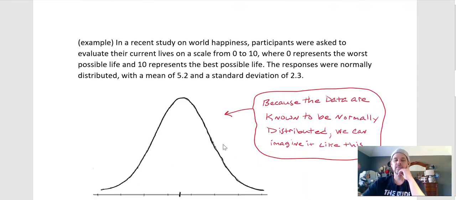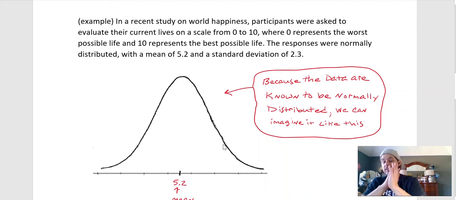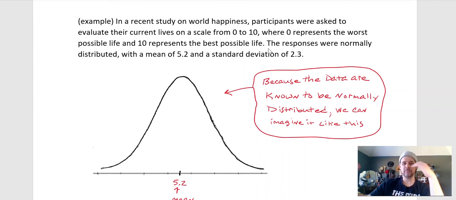Okay, so here's what I think is a real good example of a normal distribution. Suppose there's a recent study on world happiness, and participants were asked to evaluate their current lives on a scale from 0 to 10, where 0 represents the worst possible life that a person could be living, and 10 represents the best possible life, I guess complete euphoria all the time or something.